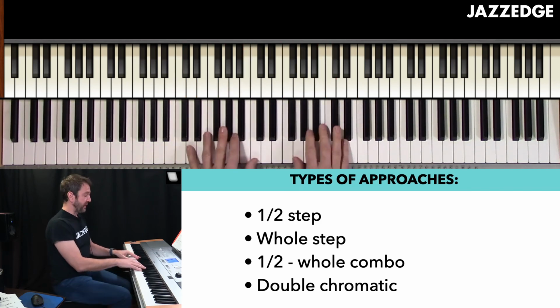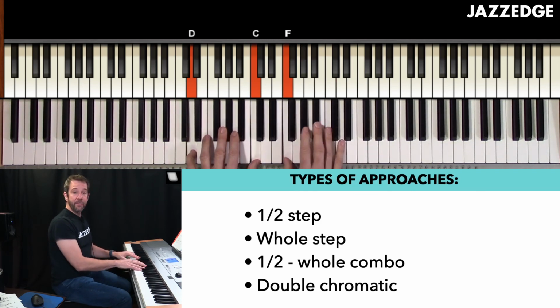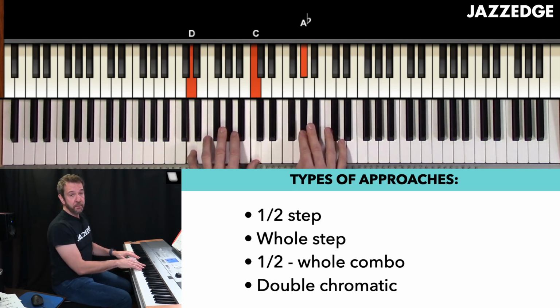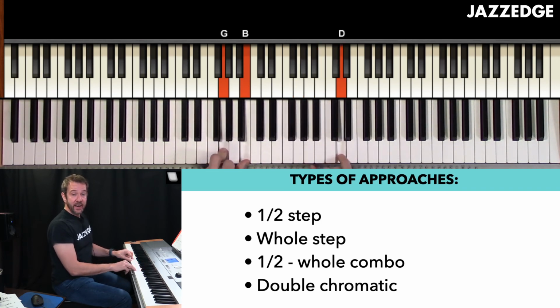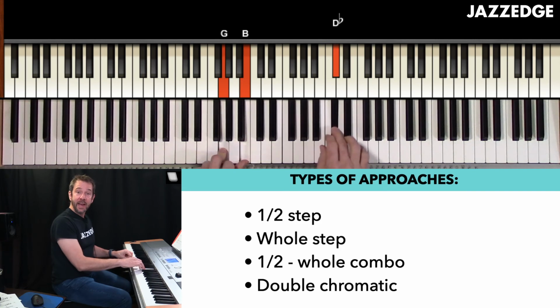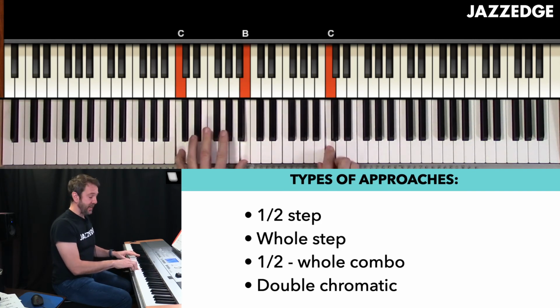So there's D, A, F, A flat, half step above the G, resolving down to the G. Then I go B, D. I go one more note, D flat, and then resolve down to the C.